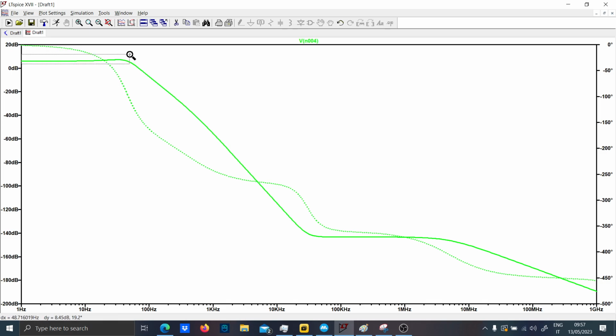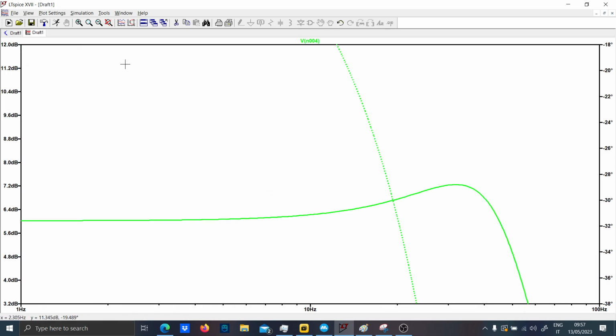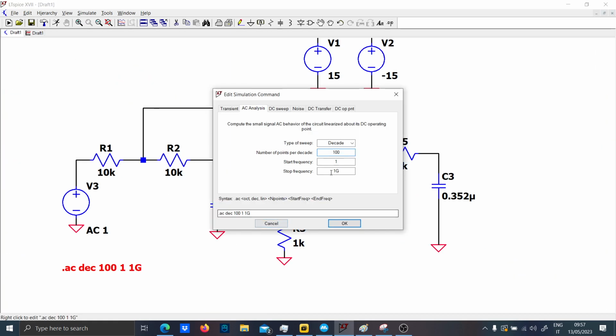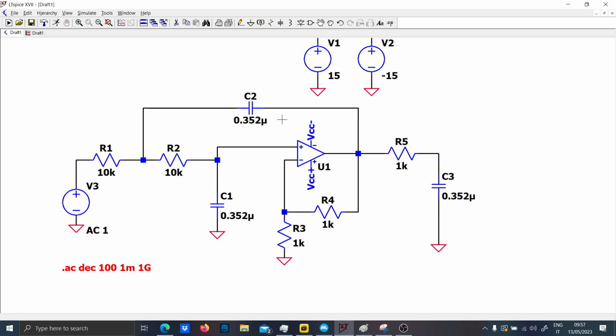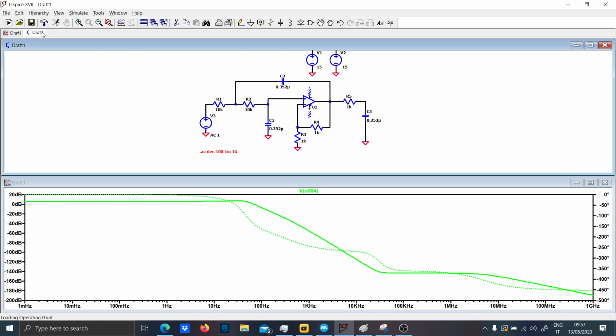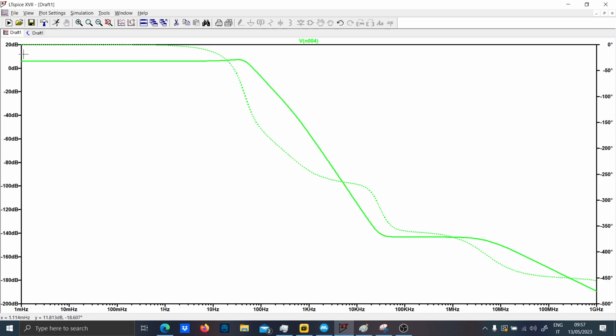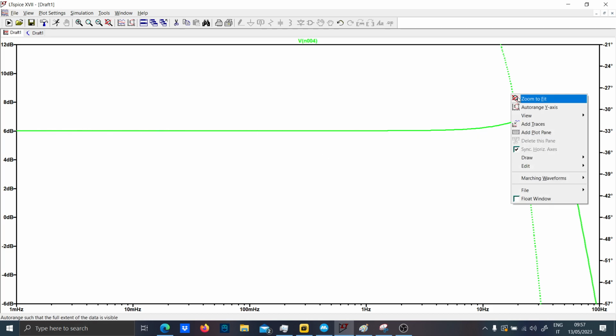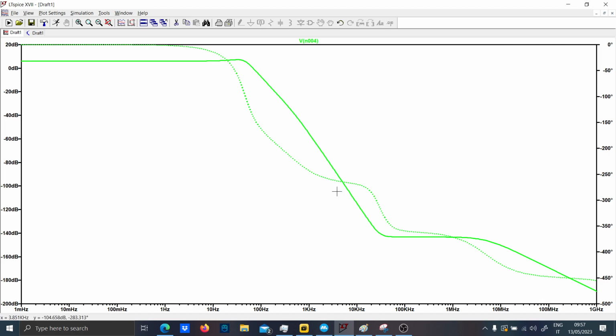Okay, so now it is okay. So now you can see it better. So this is the passband, and this is the response of the filter.